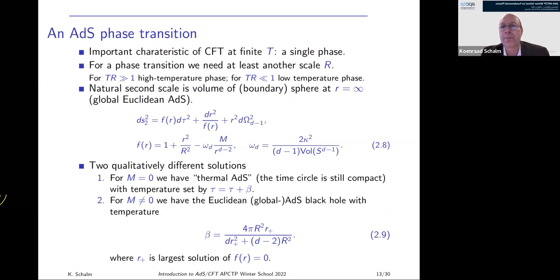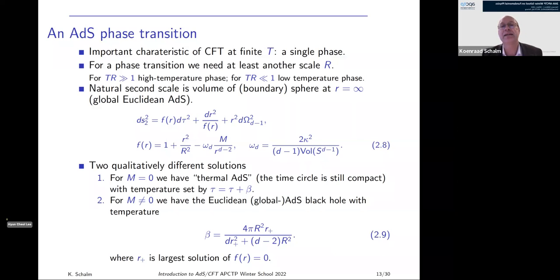Let's study something interesting in the CFT. Now, it's actually a little bit difficult to do that, because an extremely important characteristic of a CFT is that if you put the system at finite temperature, because the CFT itself had no intrinsic scale, the moment you put it at a finite temperature, there's nothing to compare this temperature with.